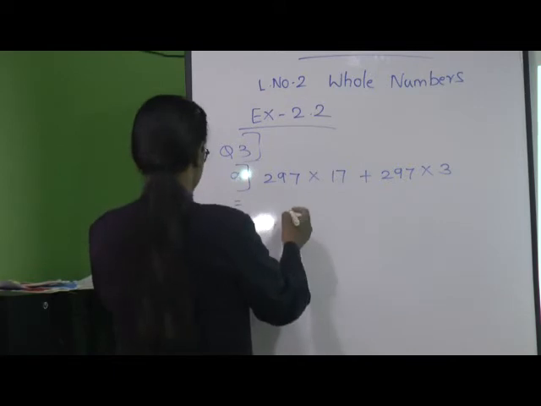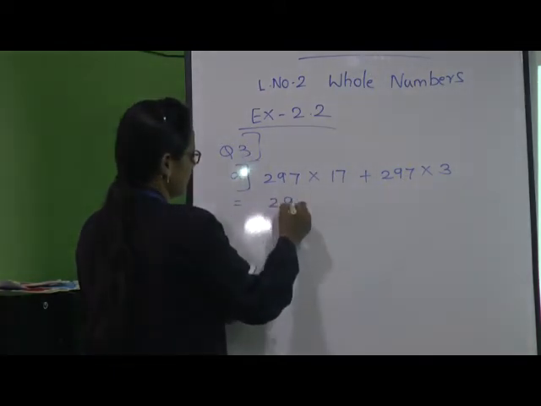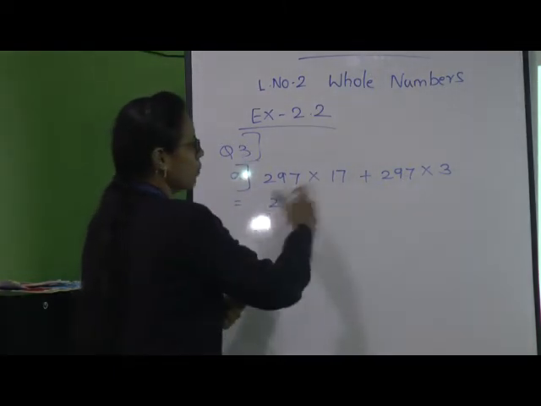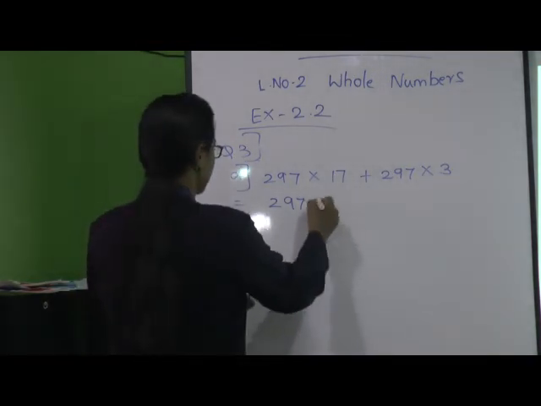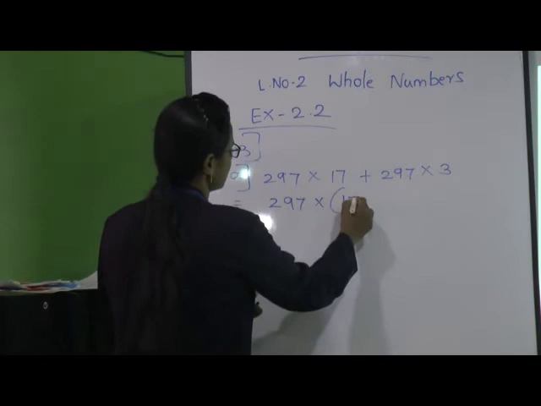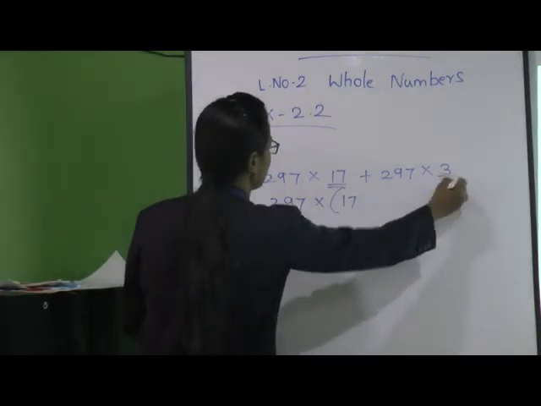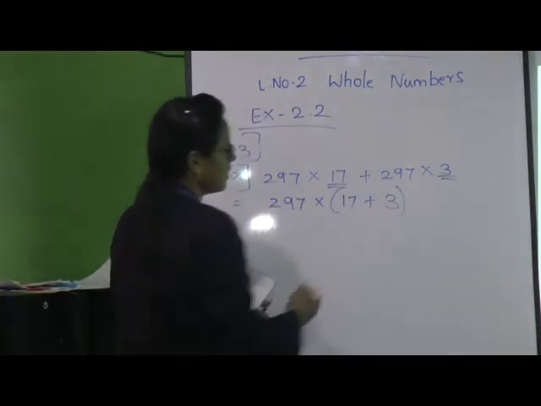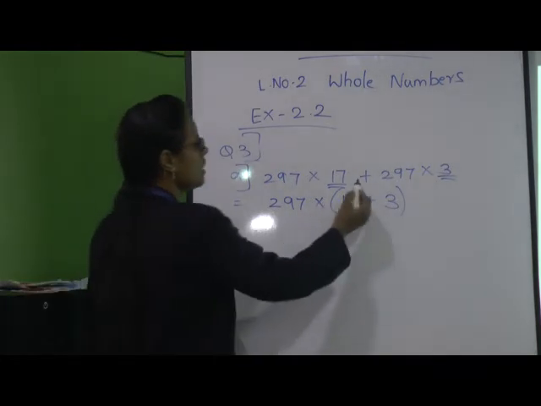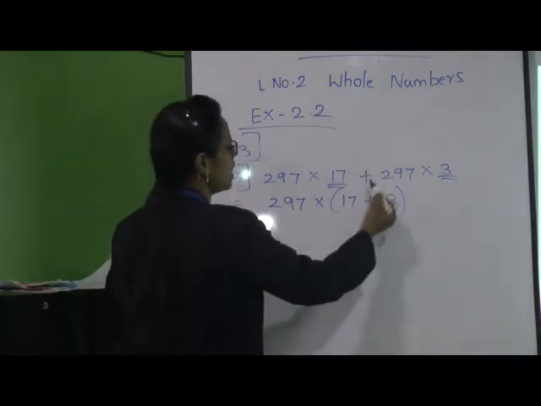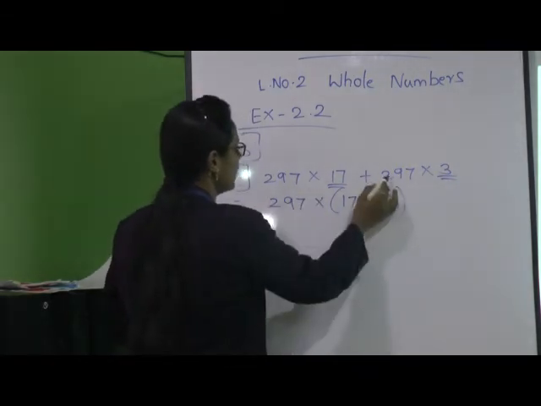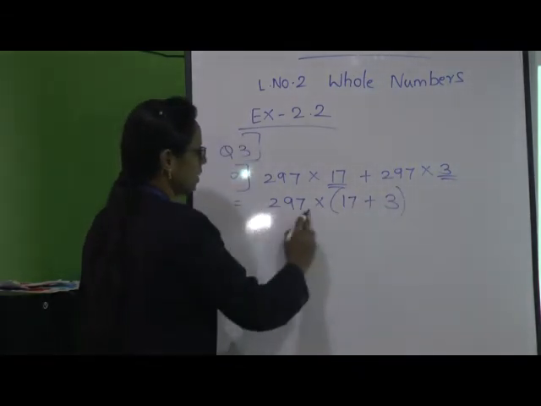See here. 297, as we have on both the sides, we can take this as common and we can take in the bracket the remaining 17 and 3. 17 and 3. As the symbol plus is there in between, so we have to take plus: 17 plus 3, and 297 which is common we will take here.